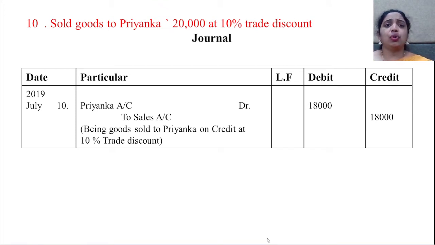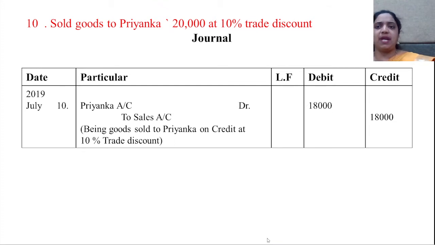That is sold goods to Priyanka 20,000 at 10% TD. Sold goods to Priyanka. So to whom do you sell? Priyanka. Who is the receiver? Priyanka. And when you sell, it is an income. So you will write the entry Priyanka account debit to sales account. Priyanka is the receiver.